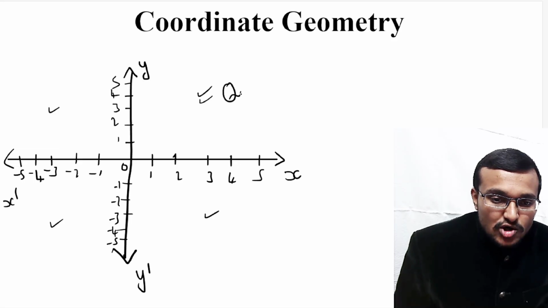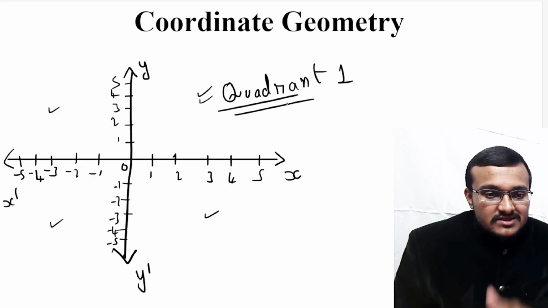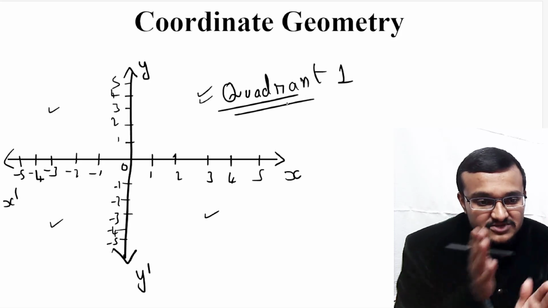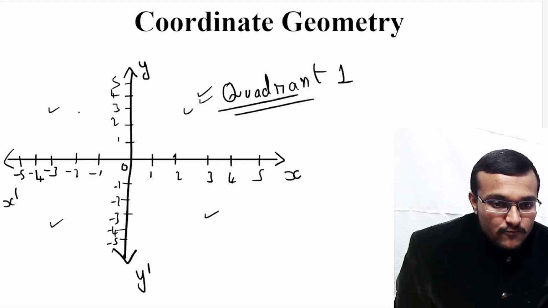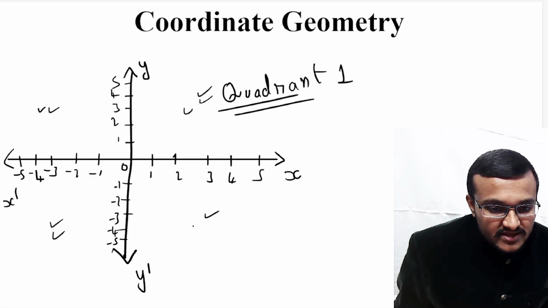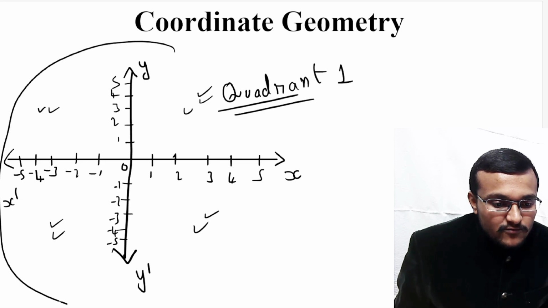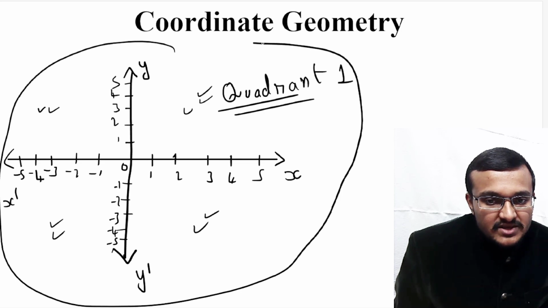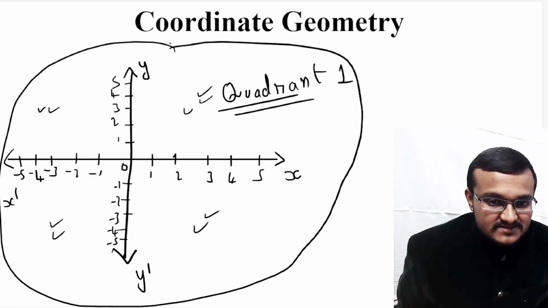So this you can call quadrant 1. Why we call it a quadrant is because the entire plane is divided into 4 different parts. So that means here 1, 2, 3, 4. This entire plane that we are considering is getting divided into 4 parts by these axes.